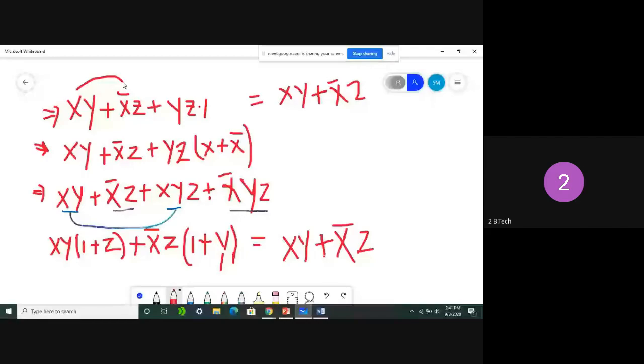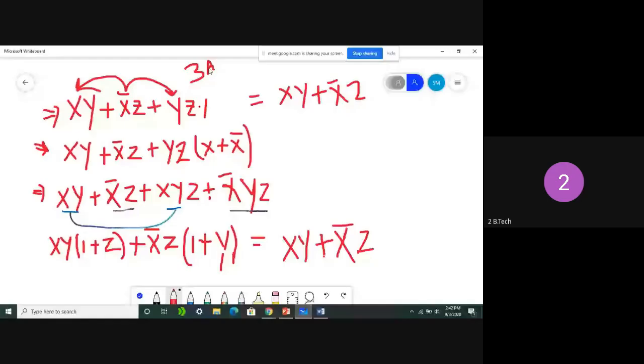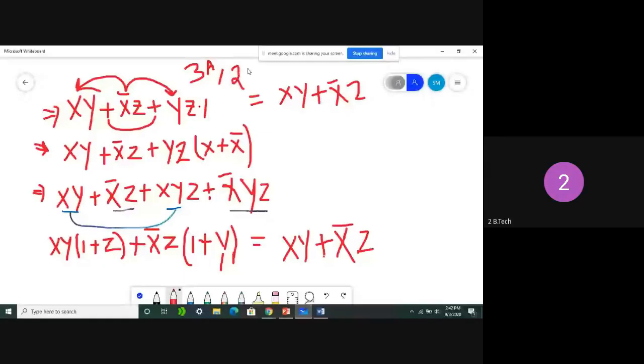So, to implement this logic, how many AND gates do we need? 3 AND gates. How many OR logics are there? 2. So to implement this logic completely, we need 3 AND gates and 2 OR gates. Clear to all of you?